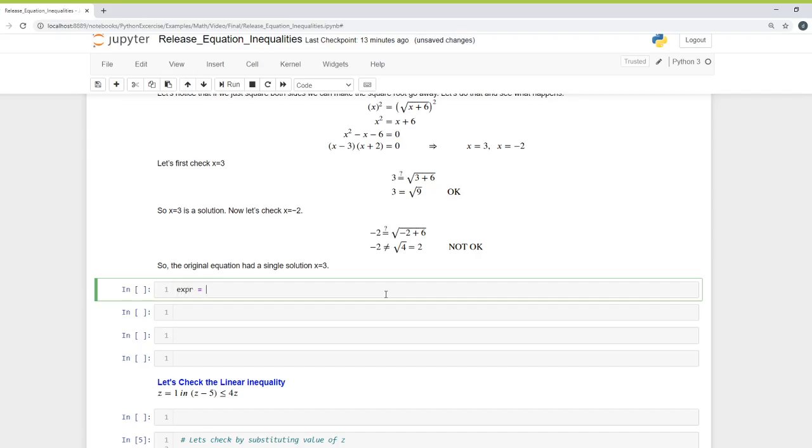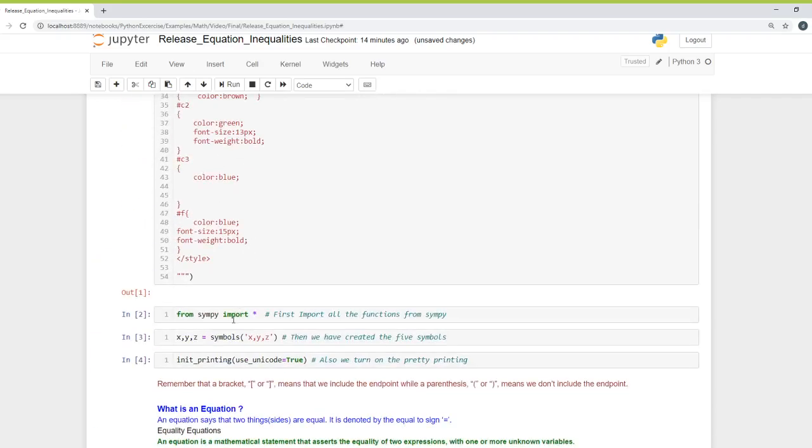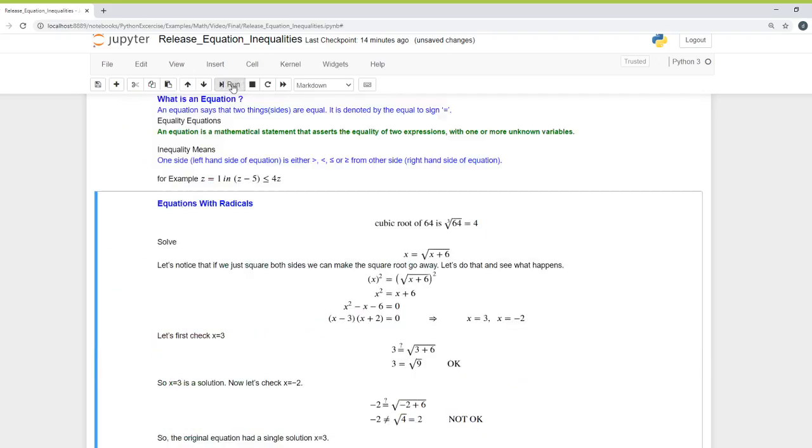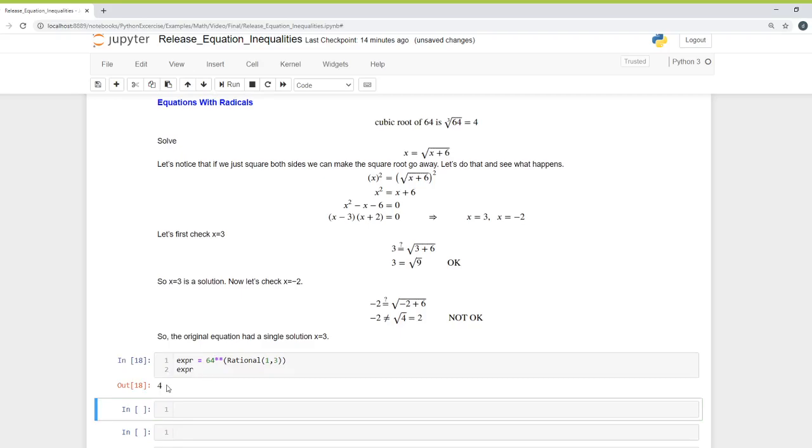Expression is equal to, for example, x and Rational(1, 3), and then print the expression. So first of all import all the functions, and it is the cube root of x. If we want to check the cube root of 64, then 64 and Rational(1, 3), and we will get the answer 4.